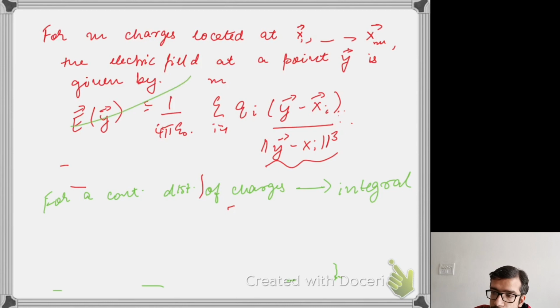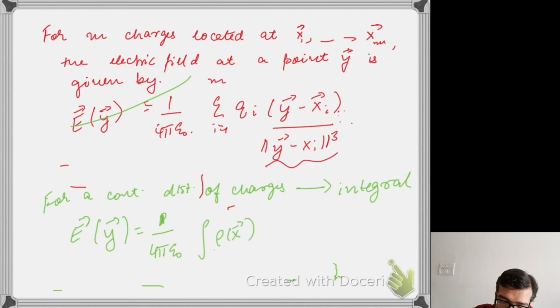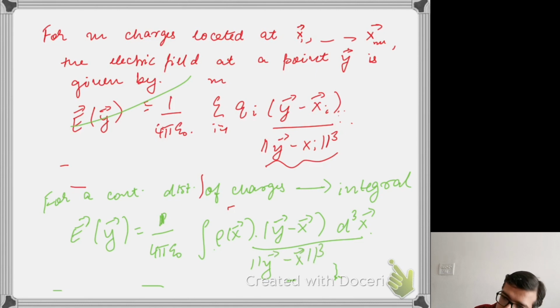So the electric field at any point y is now given by 1 over 4 pi epsilon naught times the integral of rho(x) (y − x) d³x over the norm of (y − x) cubed. So rho(x) is the charge density.